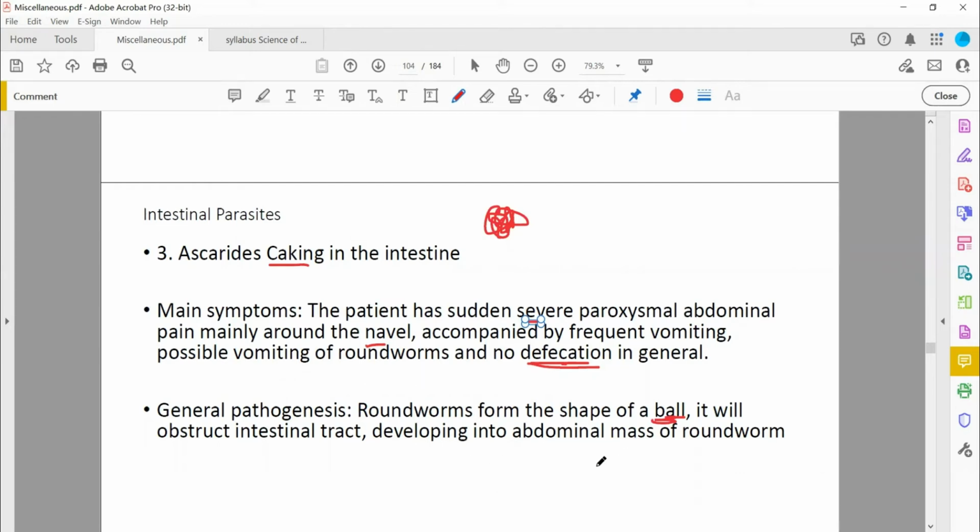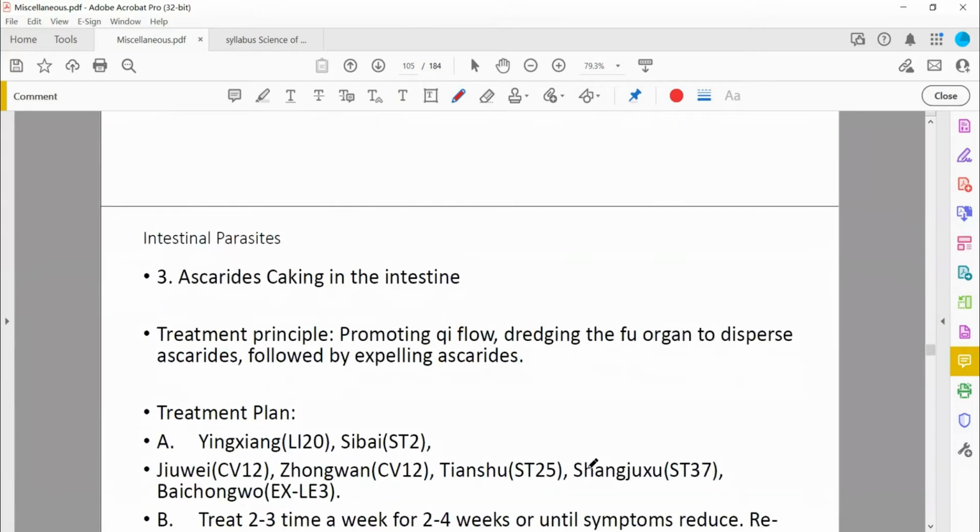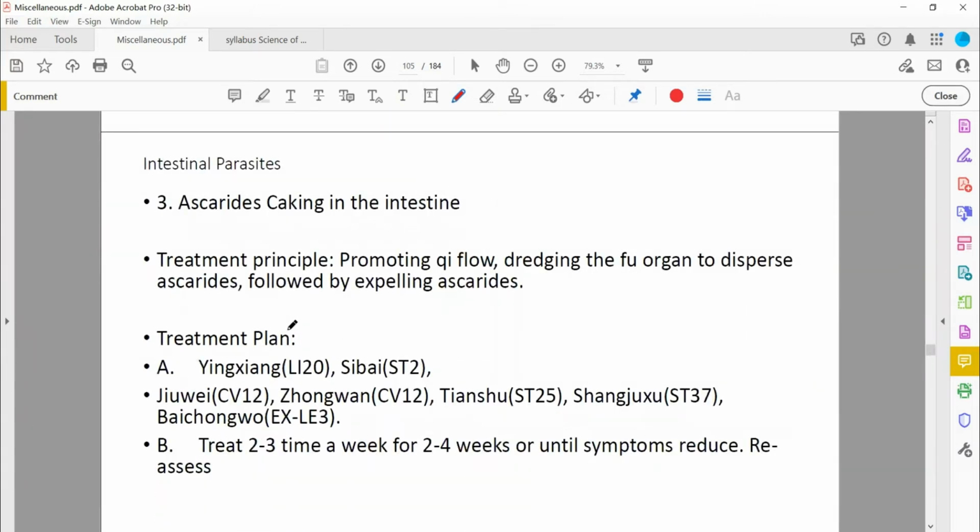You can feel it, and you can see it moving. There's the ball there, and they are moving. So promote Qi flow, dredge the fu organ to disperse the ascaris, followed by expelling ascaris.